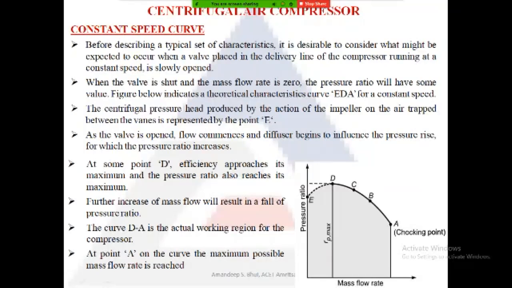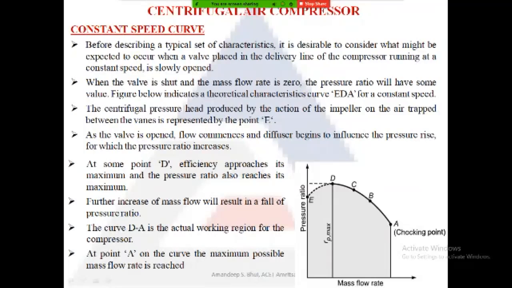Now, as we gradually start to open the exit valve, air starts to flow through the discharge valve, and the mass flow rate starts to increase. So we move from E to point D. This curve shows the increase in both mass flow rate from E to D and the pressure ratio also.